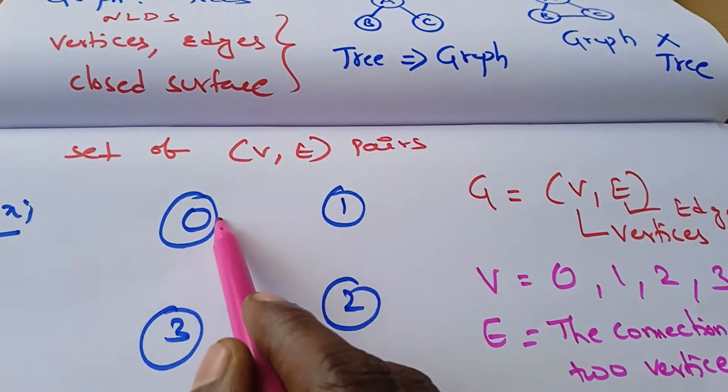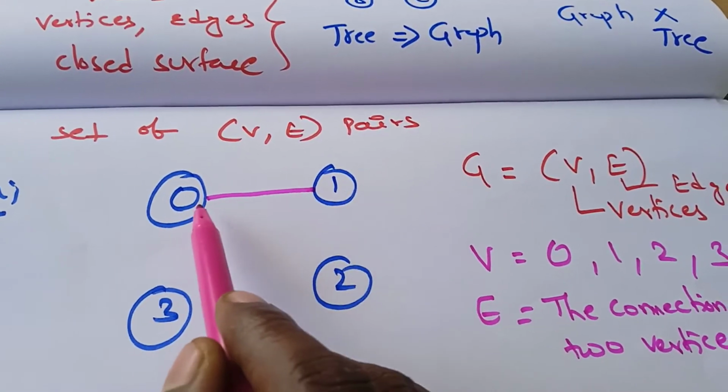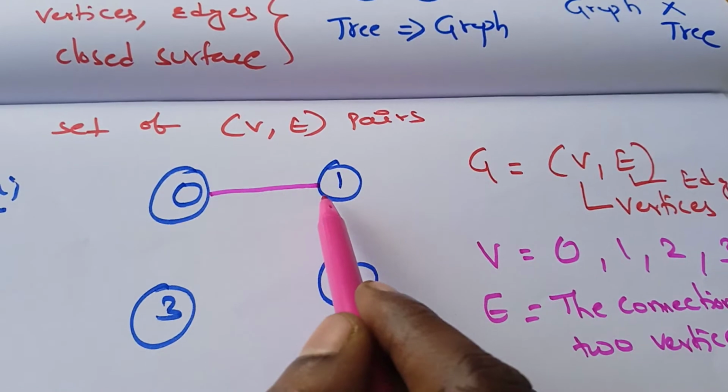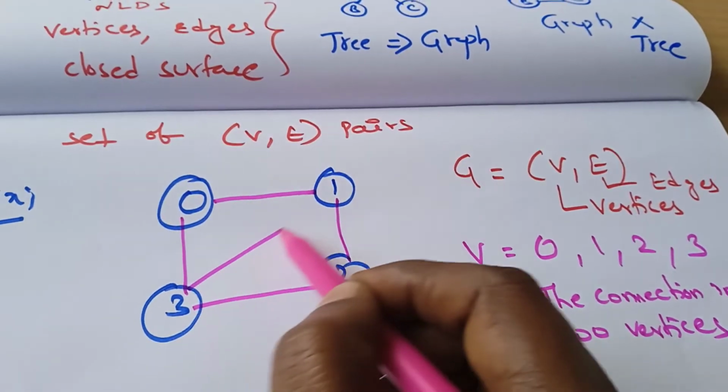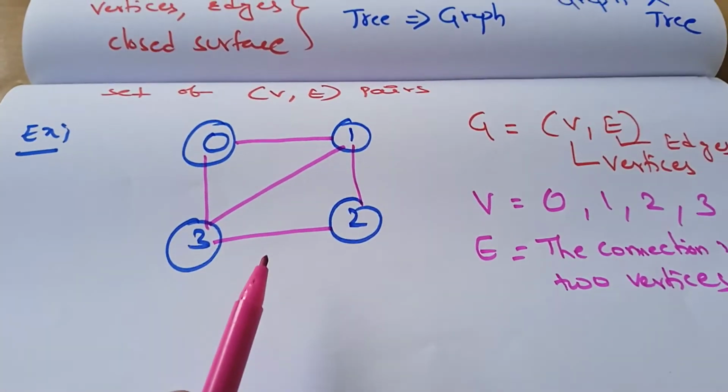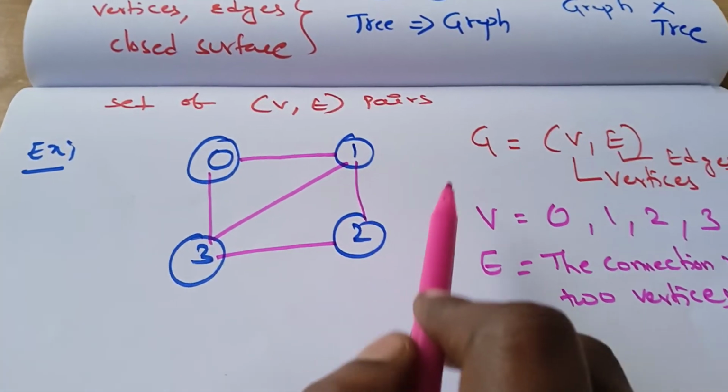Now look at the graph. If I have a link in between two vertices, that is an edge. If I have it like this, now this is a graph. G is equal to V comma E.